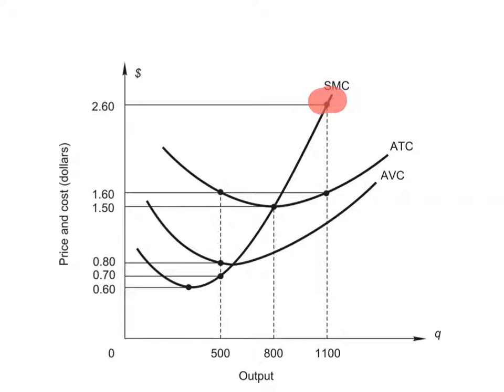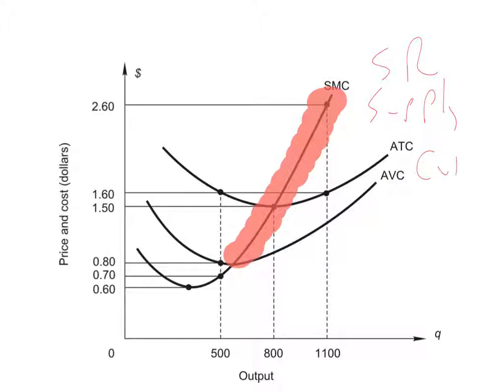If I were to shade in the portion of marginal cost that lies above the average variable cost. Notice I did not shade in this lower area here. I did not go below the average variable cost, but this area that's shaded in is the competitive firm's short-run supply curve.